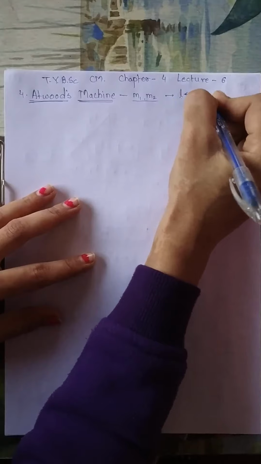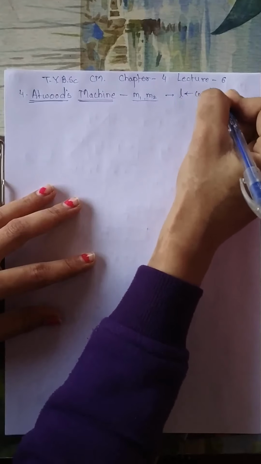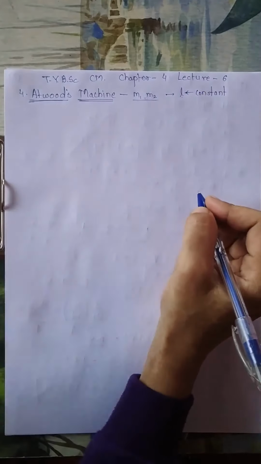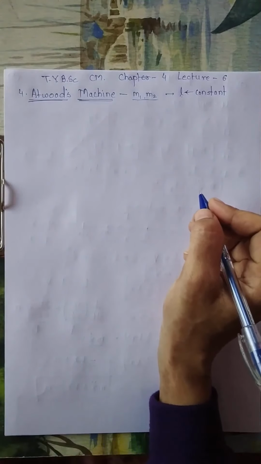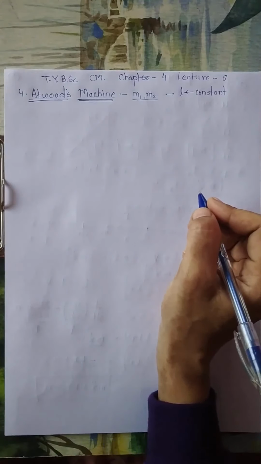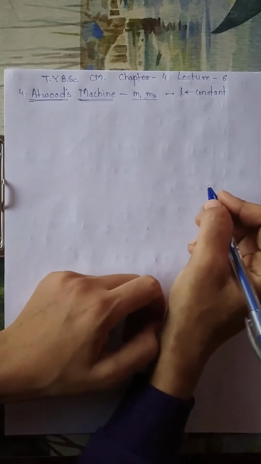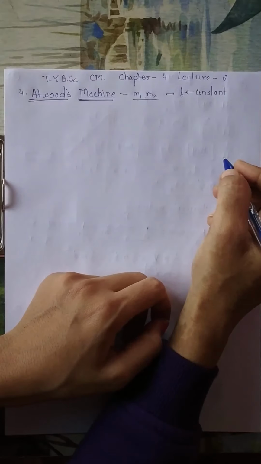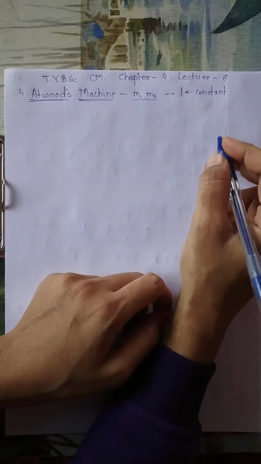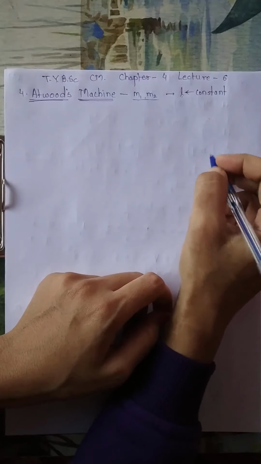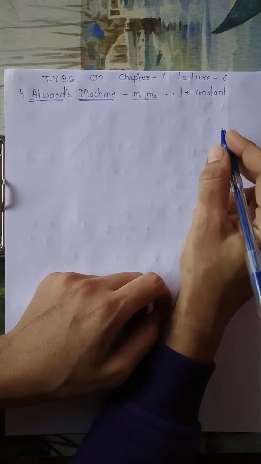That means this length will be constant throughout the system, and the two masses m1 and m2 are attached to this inextensible rope of length L, and the rope passes over a pulley. There is no friction in the pulley or the rope.